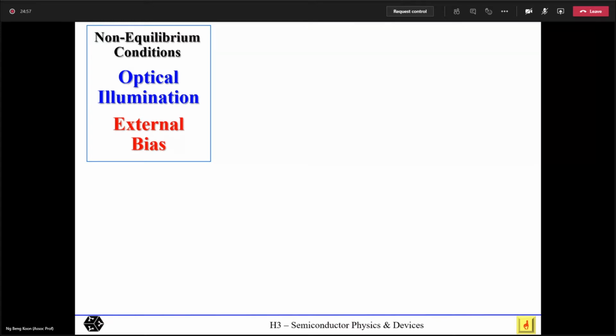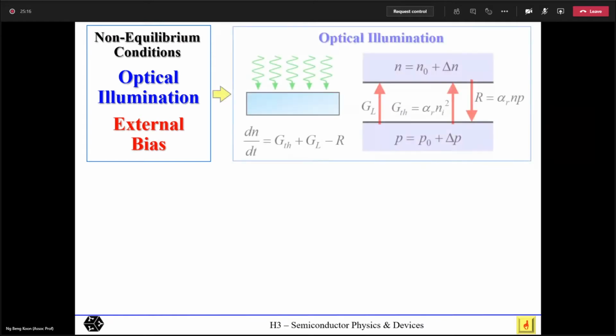You want to know how the excess carriers behave in the semiconductor. This we will subsequently use in the second half of the course, to analyze currents flowing in PN junction diodes. So that's why we need to cover this first.